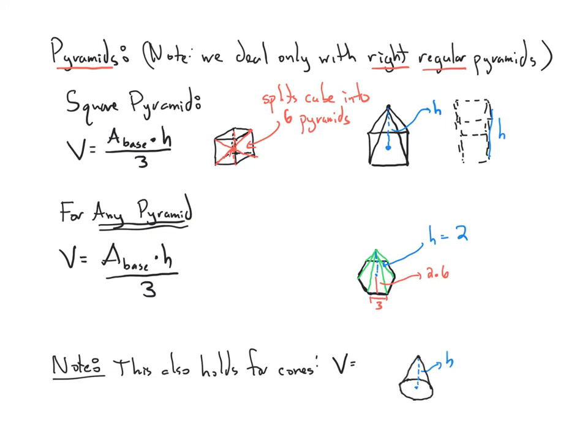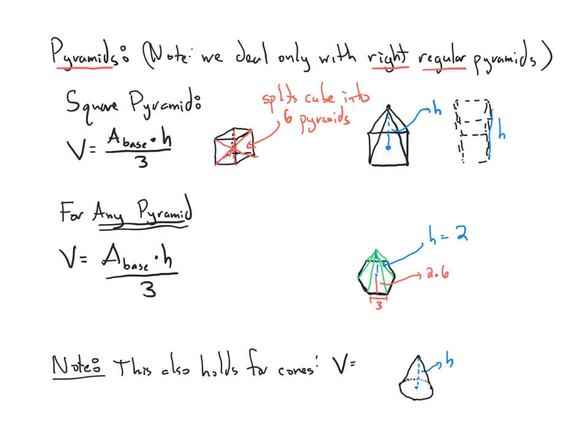So let me in fact make the back dotted so it's a little bit easier to see. Just bear with me here. So there we go. Then we can use the idea of the pyramid formula here.